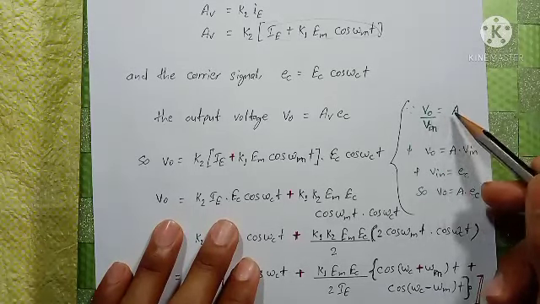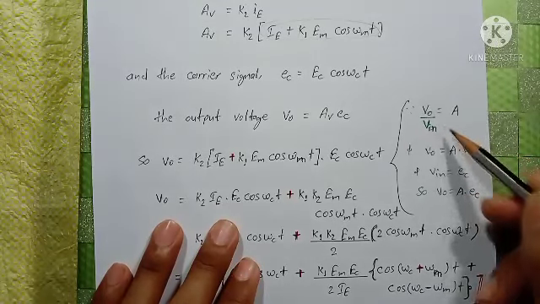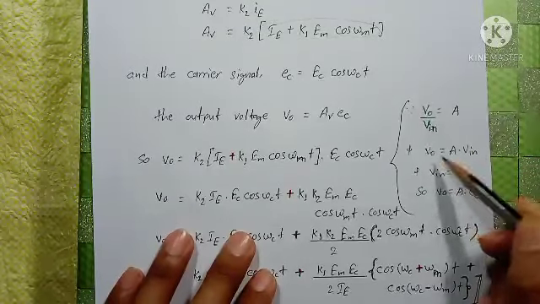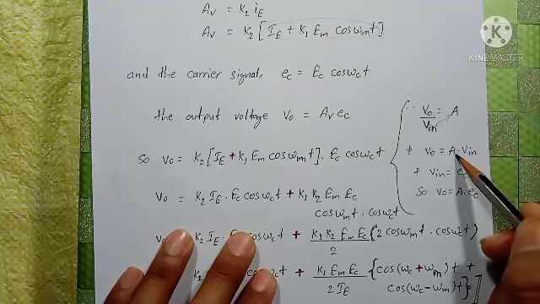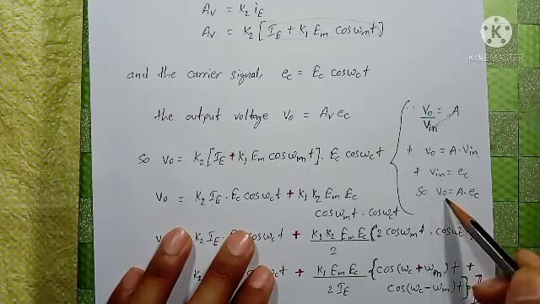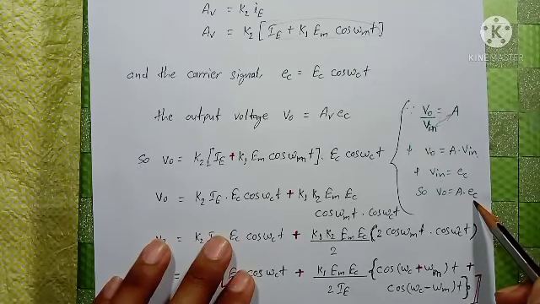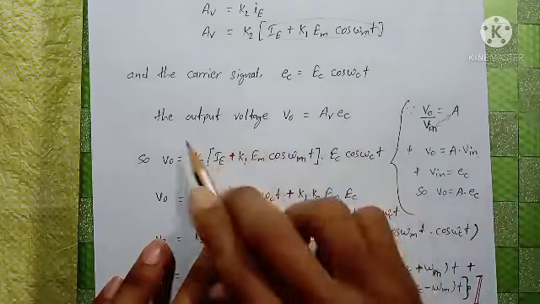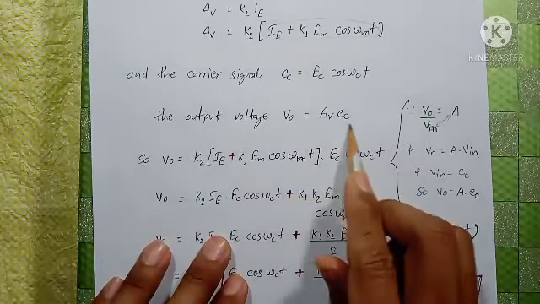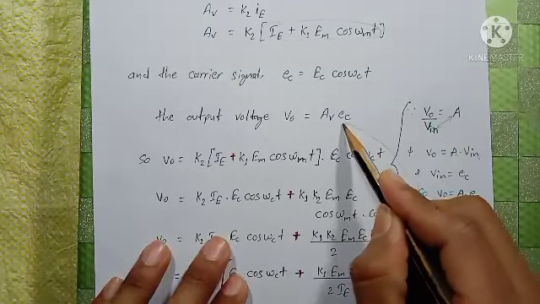Because A is equal to V output divided by V in, the value of V output is equal to A into V in, and we know that V in is equal to EC, so V output is equal to AV into EC.